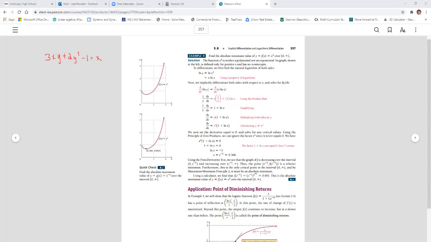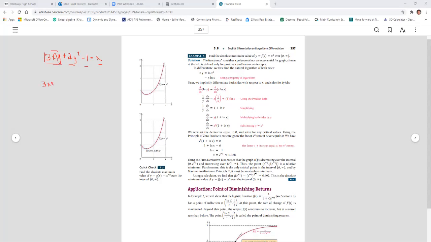So here we go. I'm going to take the derivative of the first term, then the derivative of the second term and the third term, and then finally I'll take the derivative of x. Well, this is a product here. I have 3x, and I'm going to group that together as one thing. I'm going to find the derivative of 3xy. I'm going to take the first function, 3x, times the derivative of the second function, which is the derivative of y with respect to x, which is y prime.